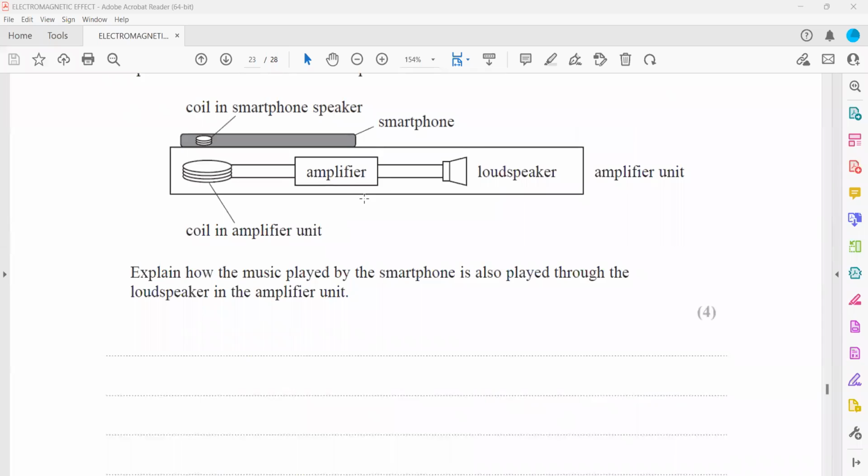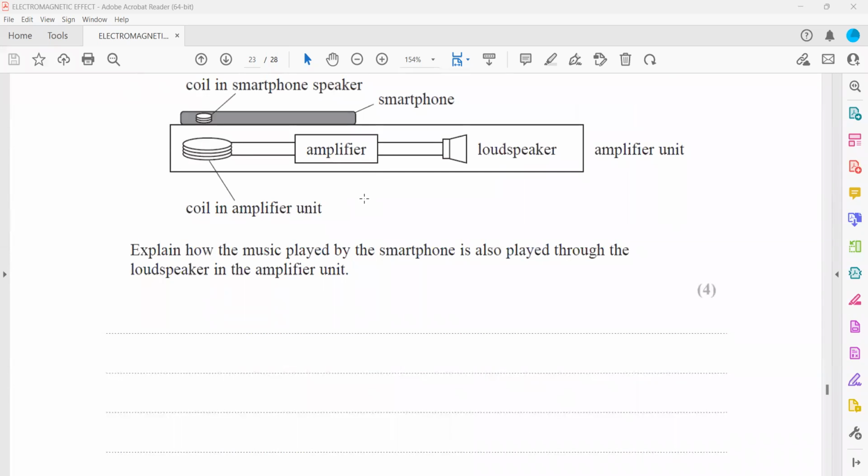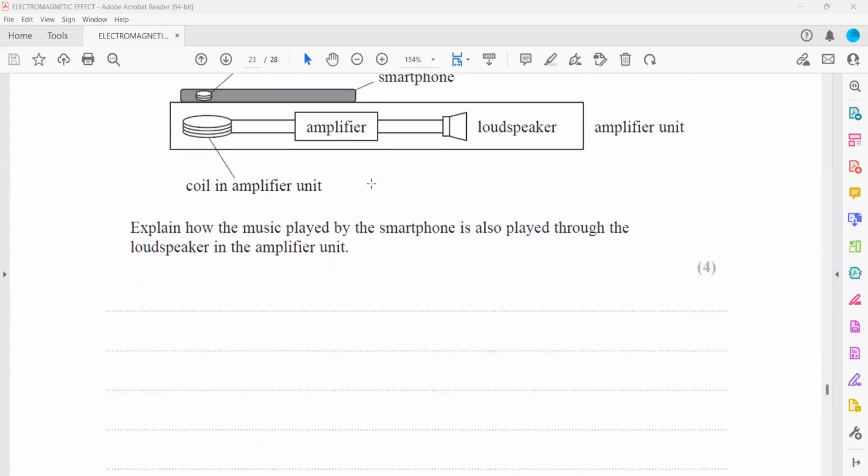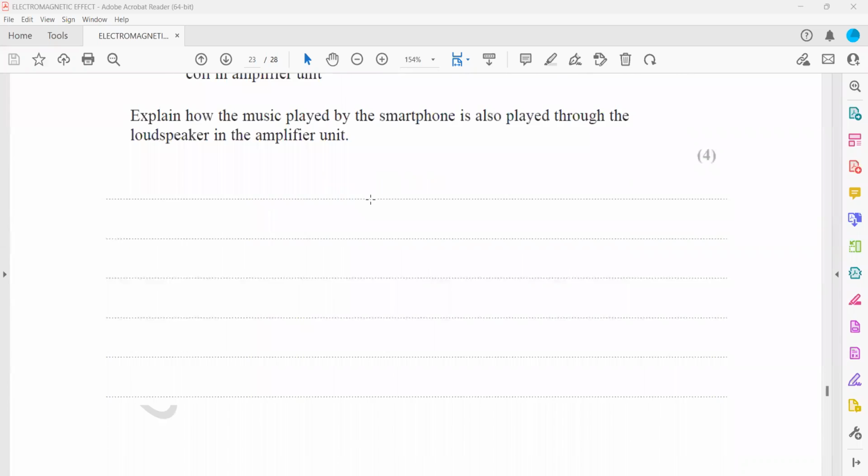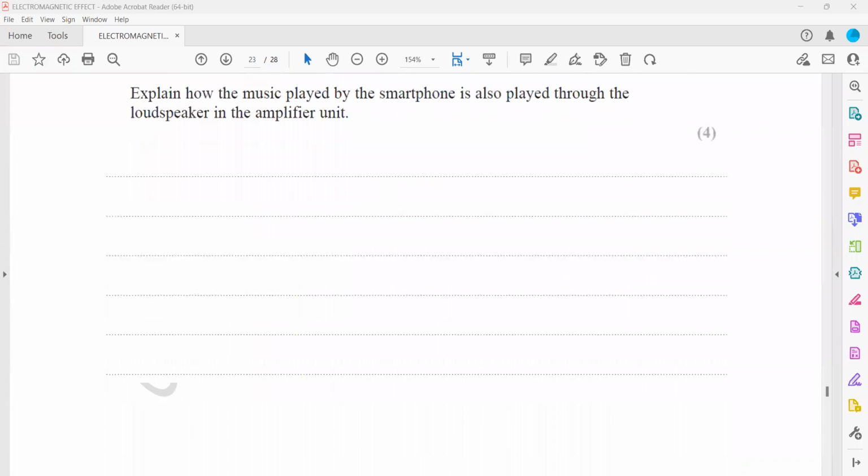Explain how the music played by the smartphone is also played through the loudspeaker in the amplifier unit. So what are the points you will mention here? The first thing is that there's a varying current in the smartphone coil, because these coils work on AC.